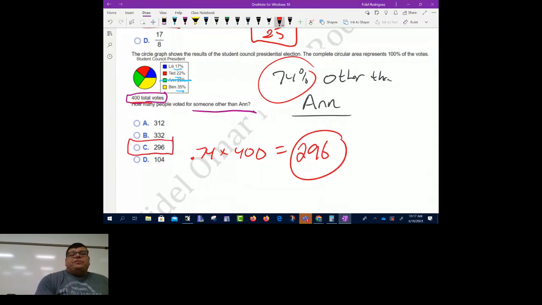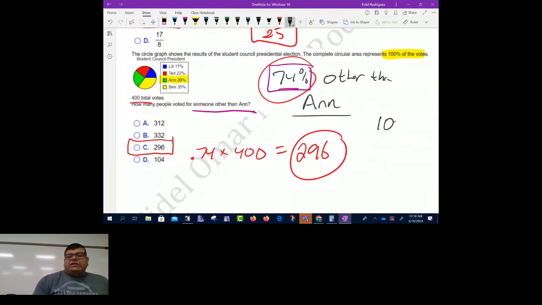Now, again, y'all, one thing I want to point out here. Remember how we came up with that number 74? We took Lily, we took Ted, and we took Ben, and we added them all together, and that's how we got to 74. Y'all, just as a heads up, another way that we could do this to get that 74%. Remember what they told us here, y'all? We have 100% of the votes. We want everybody besides Ann.